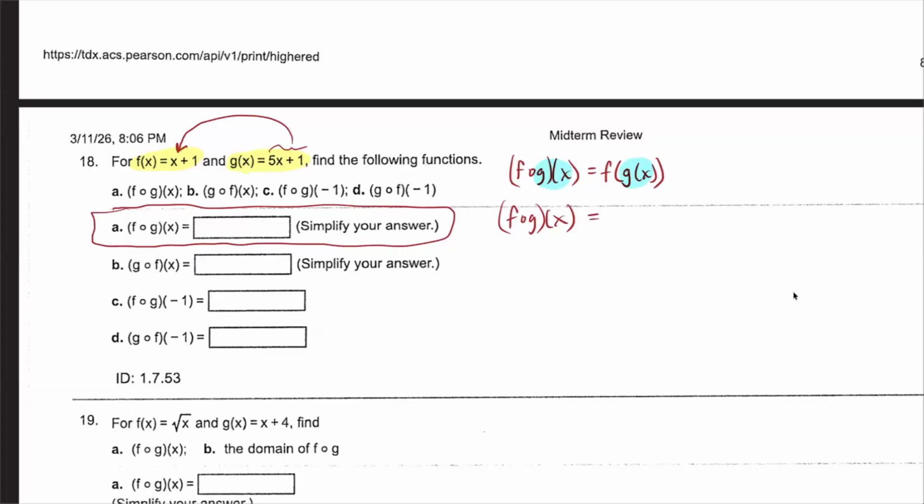So where there's an x, I'm not going to put x. I'm going to put 5x plus 1, and then plus 1. I'm going to put it in parentheses. You can see where I input the function g, 5x plus 1 replaces the x in the function f. Now we simplify this. So we just drop the parentheses, 5x plus 1 plus another 1 is 5x plus 2. And that's f composed on to g. That's it.